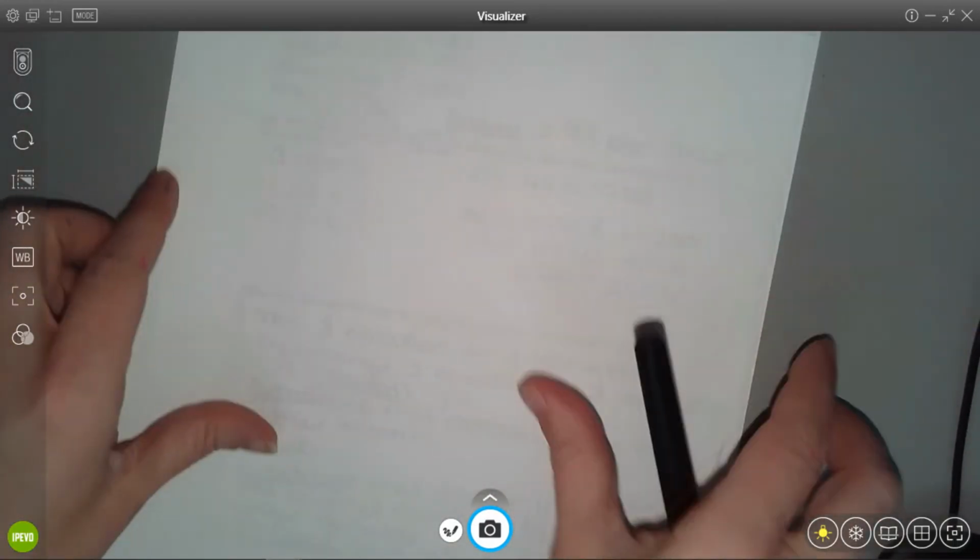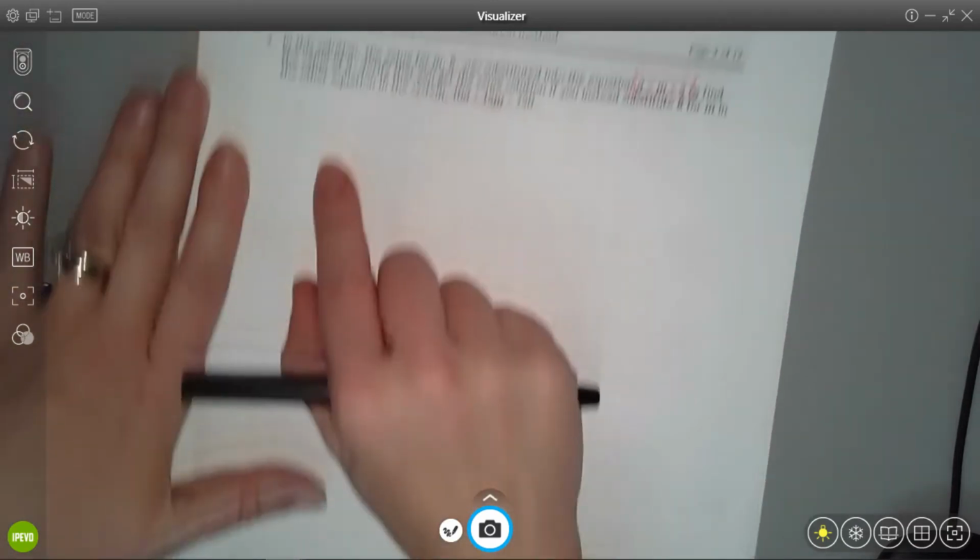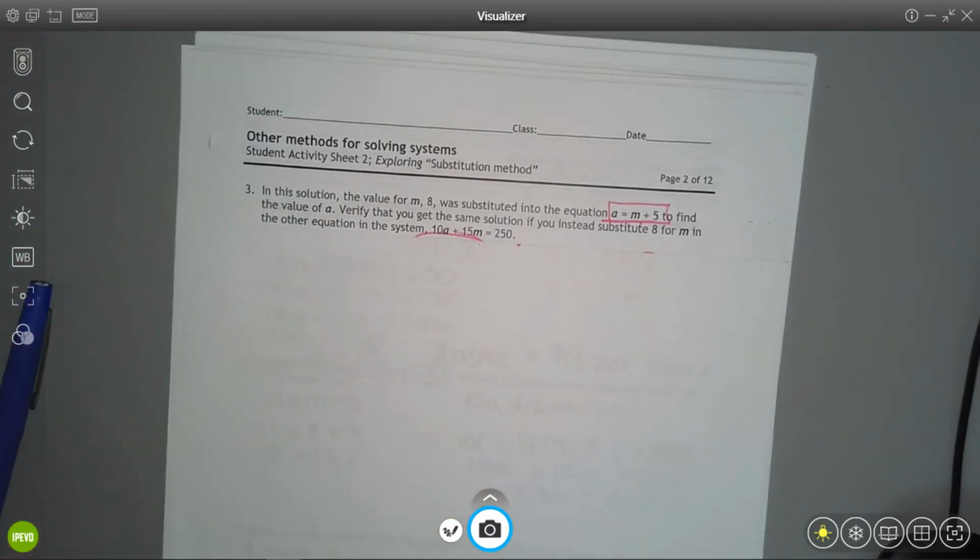Okay, let's go on to question 3. In this solution, the value M, 8, was substituted into the equation A equals M plus 5 to find the value of A. They want us to verify that we get the same solution if you instead substitute it into the other.